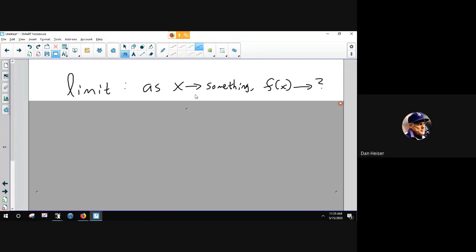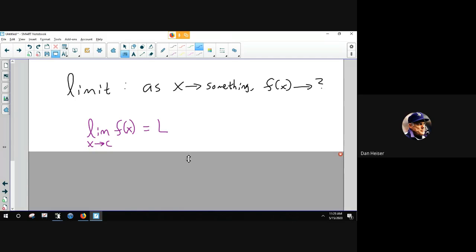This is a very important concept in mathematics. We don't care what the function value is. What we care about is where is it going. Think of a limit as the journey, not necessarily the destination. Where are we going towards? We don't necessarily have to get there.